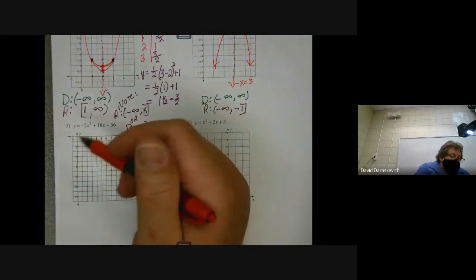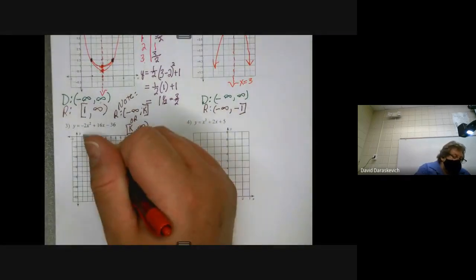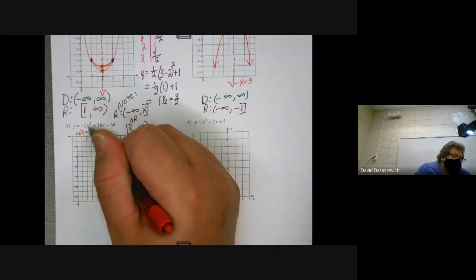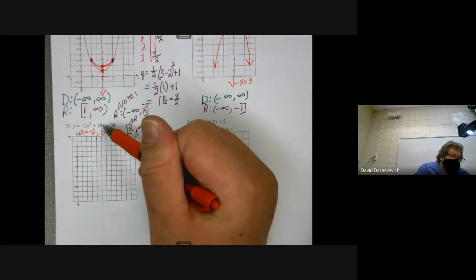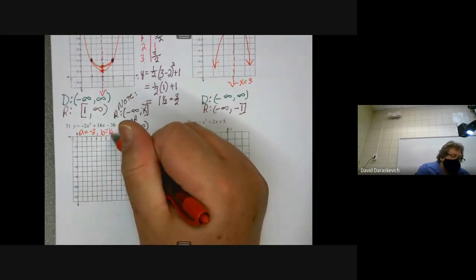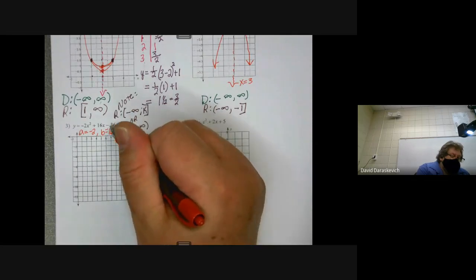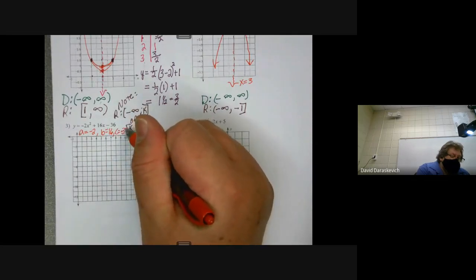Okay, so what I'd like to do here is label my a. My a is the coefficient of x squared, which is -2. My b is the coefficient of x, which is 16. And my c is the constant, which is -36.